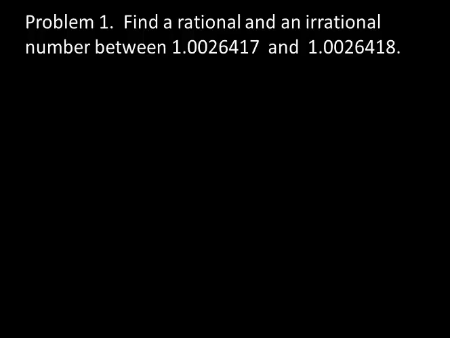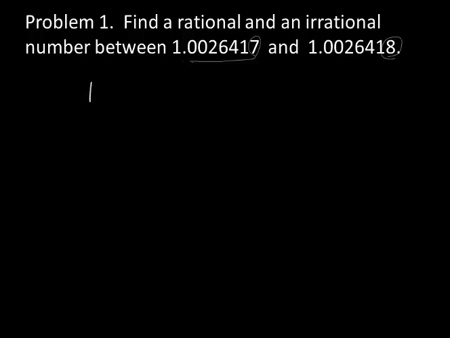So I'm going to end this video with 2 problems. And you'll see problems like this on our in-class set that we work on, and also probably on the next test. Find a rational and an irrational number between these 2 numbers here, these 2 terminating decimals. Okay, the way I do this is I write the biggest one on top, so I compare the digits and I see they differ right here.